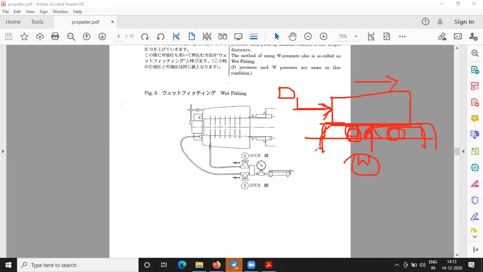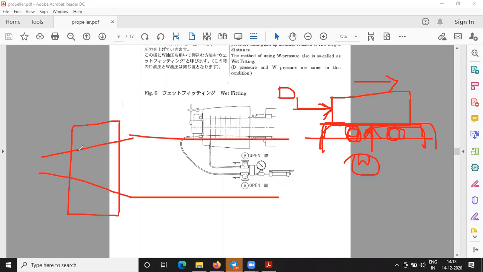Same thing here we are doing. Consider this as a boss propeller and you have the tail shaft. When I increase the pressure from the oil here, what happens? Boss slightly expands. The friction between the boss and the tail shaft is nullified now. As I give the pressure from here, the boss starts mounting onto the shaft. And after that, what I will do?